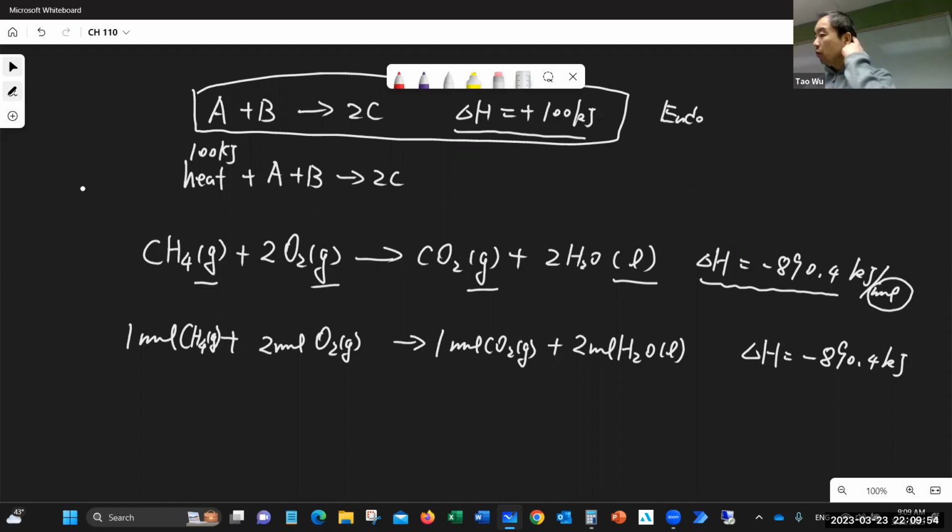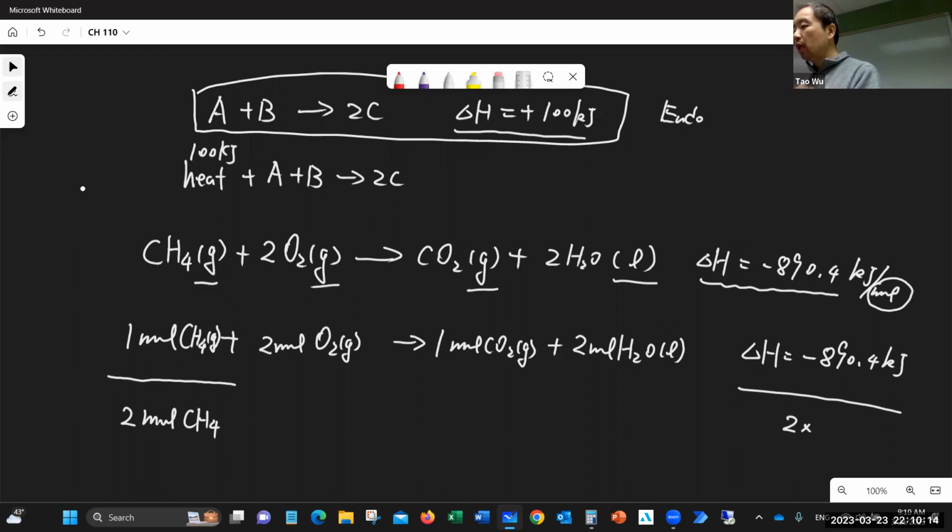And I'm not sure whether you realize the reason you know 2 moles of methane doubles this is that you set up the ratio over here. This divided by this should be equal to this divided by 2 times this. The ratio is the same, right?